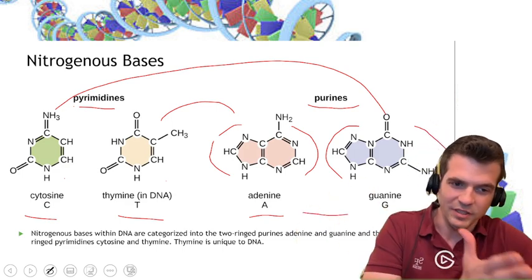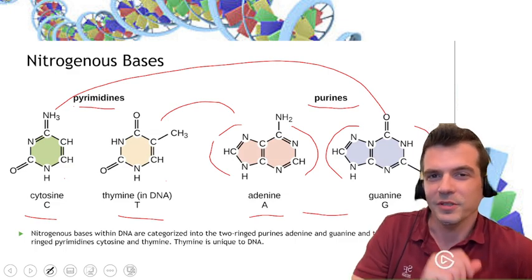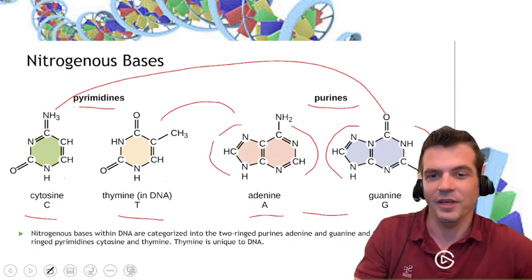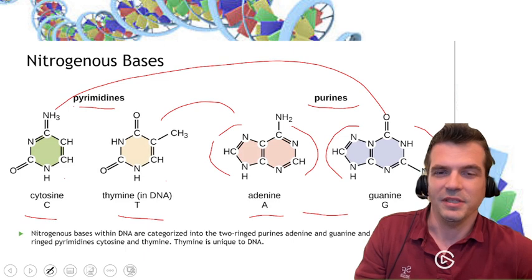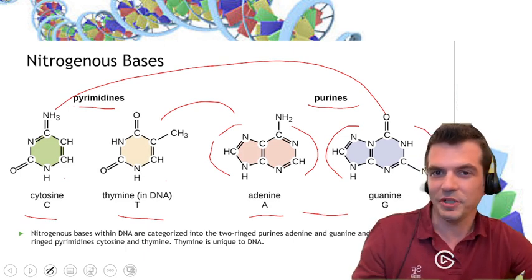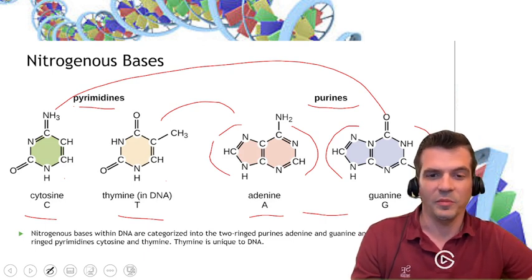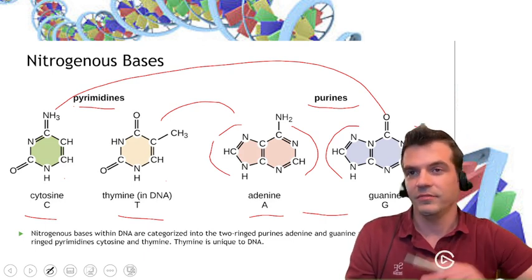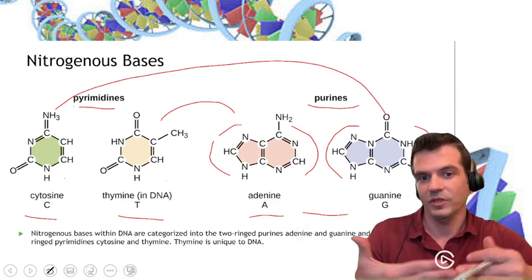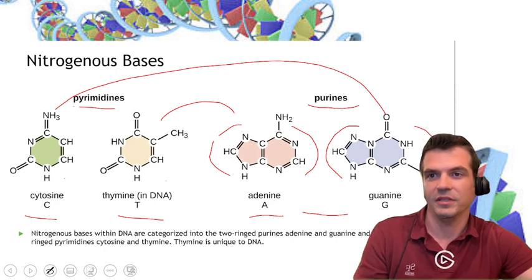So I know it's kind of a flip-flop way of thinking about it, but it's the easiest thing I can come up with in my head. Feel free to share an example that you might like. But remember, C and G and A and T always go together. So purine and pyrimidine are always together.